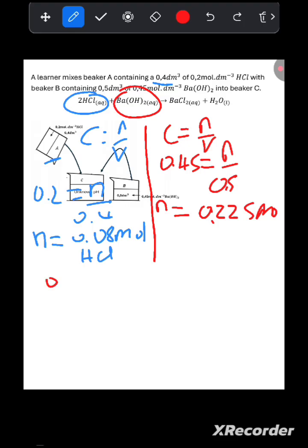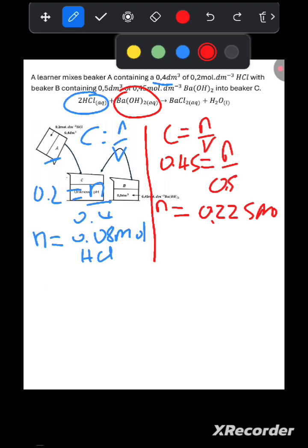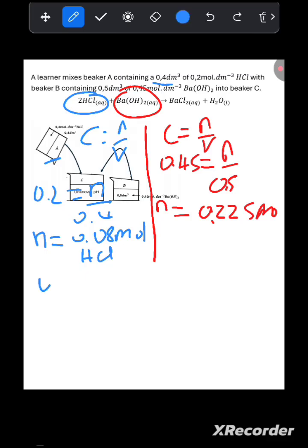So you get 0.08 divided by 2, which is 0.04.